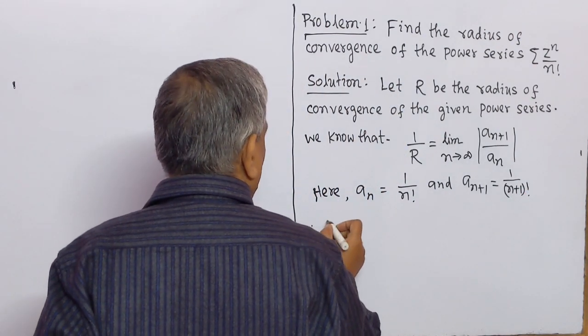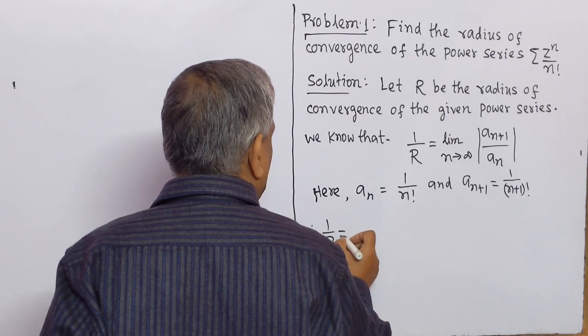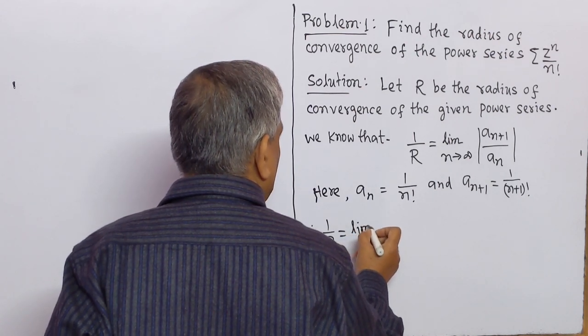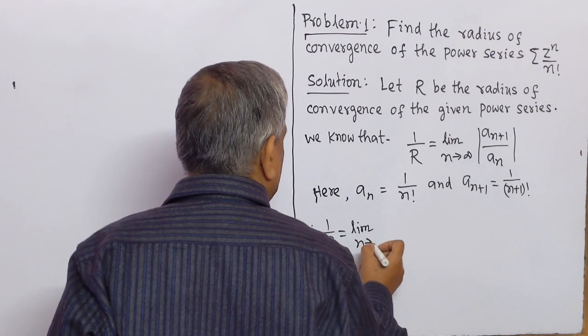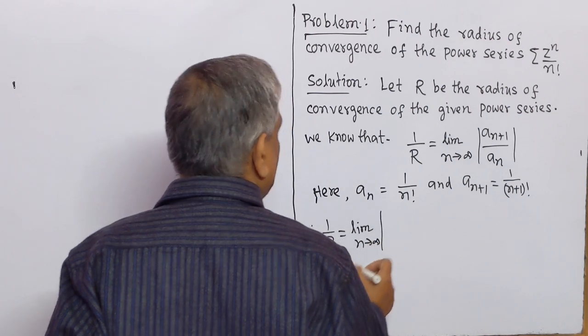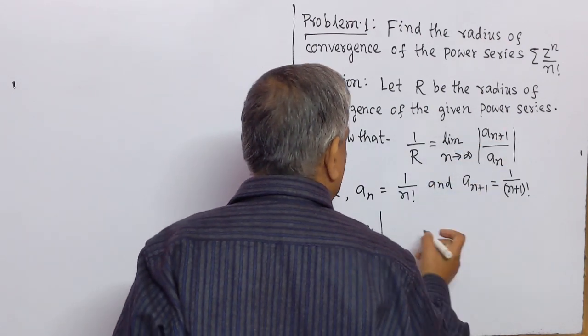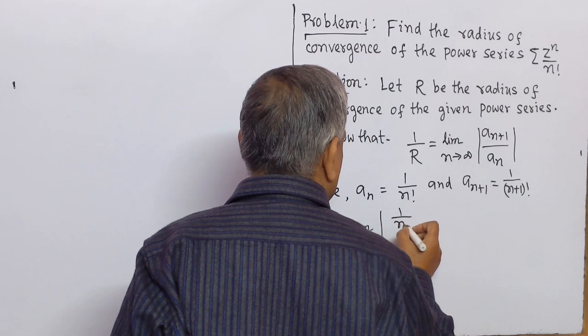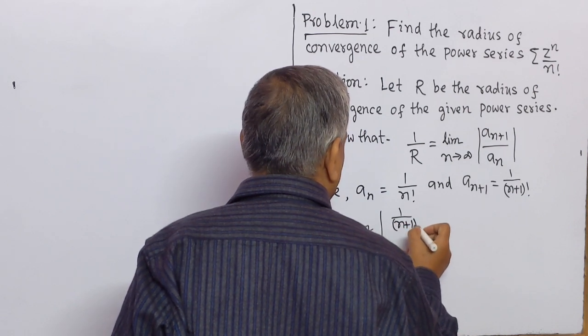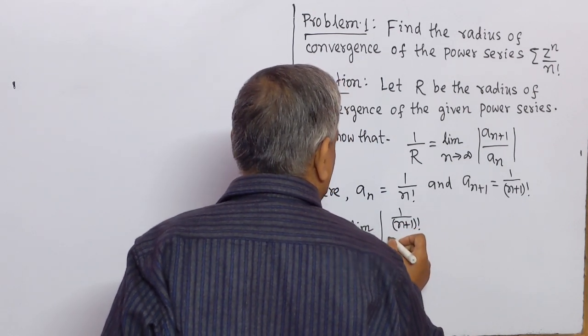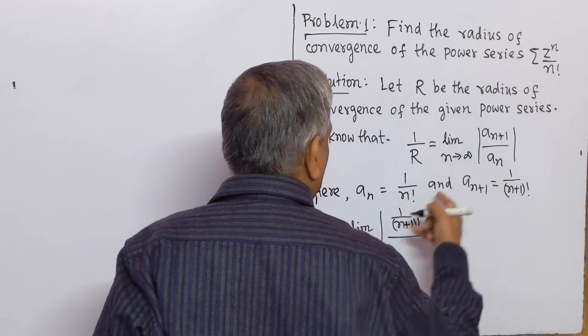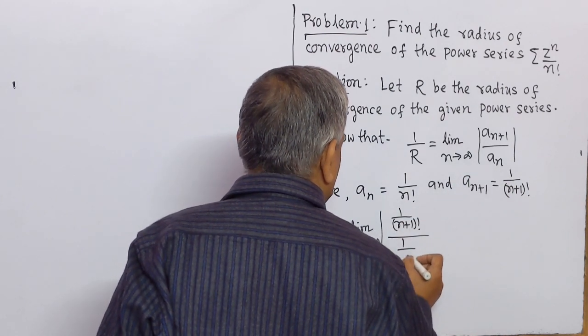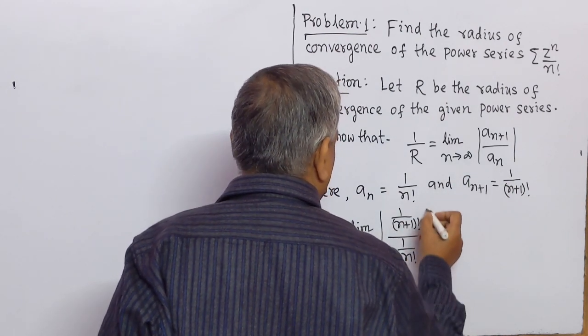Therefore 1 by R equal to limit n tends to infinity modulus of a n plus 1, which is 1 by factorial n plus 1, by a n, which is 1 by factorial n.